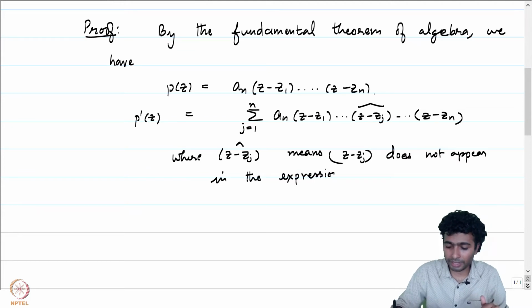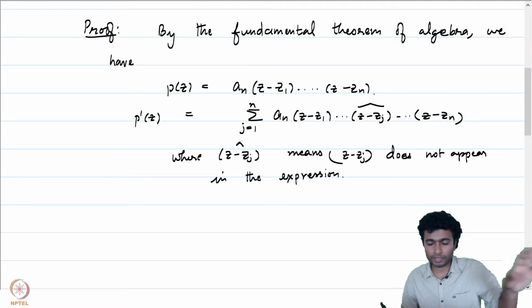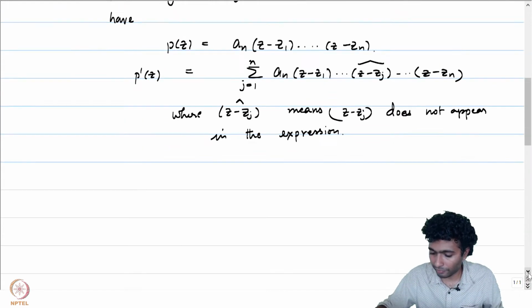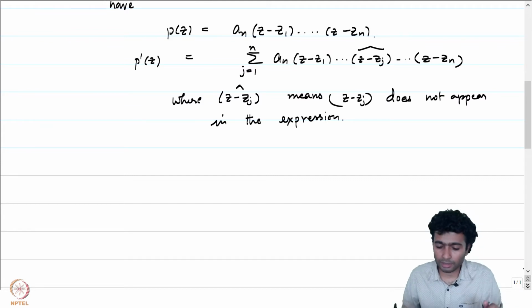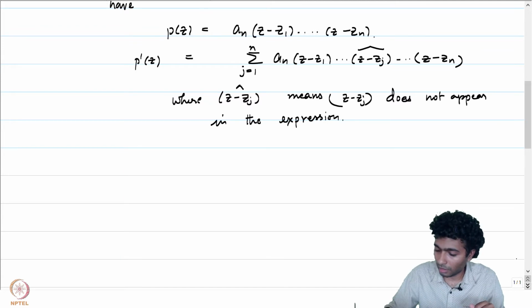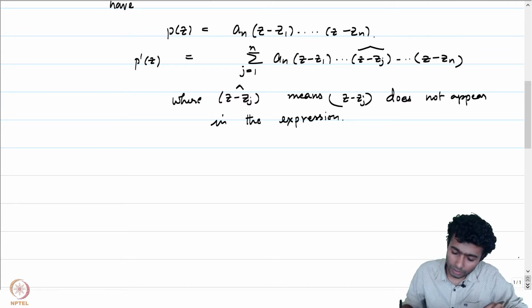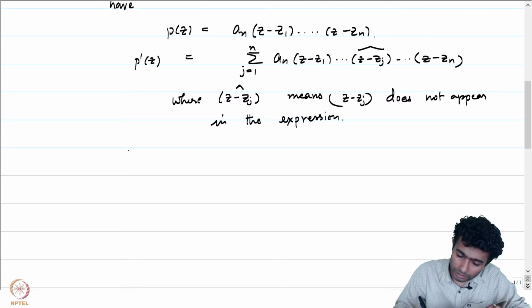By the way, we are not demanding that these z1, z2 up to zn are distinct. It could happen that a few of the zi's are the same, but that shouldn't affect our analysis here.